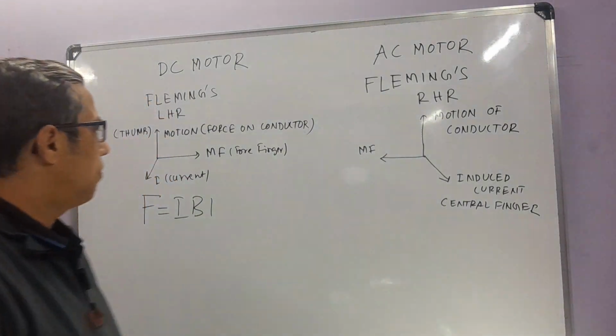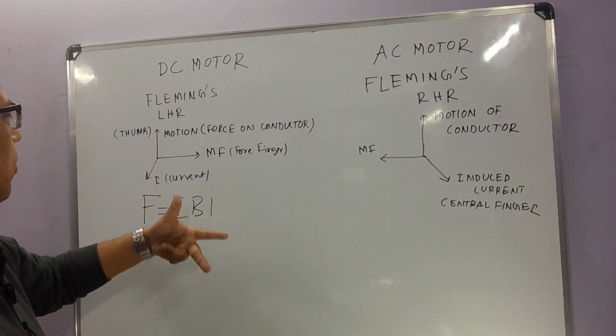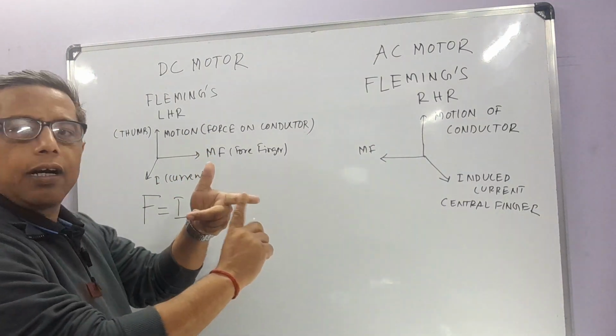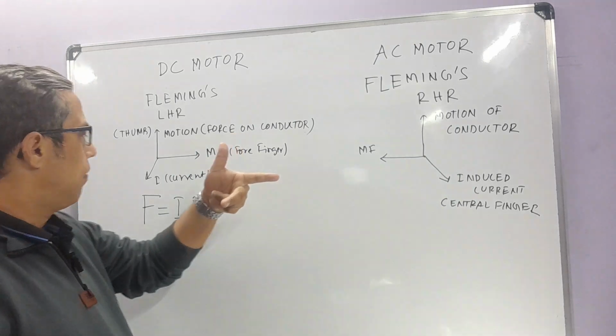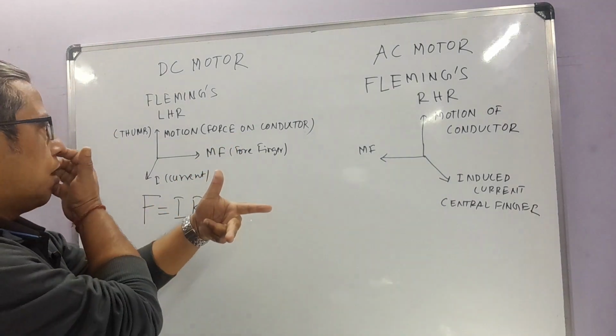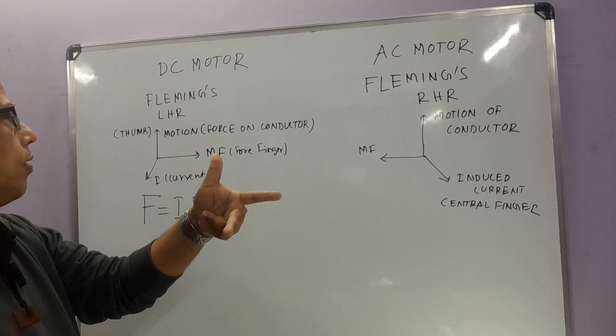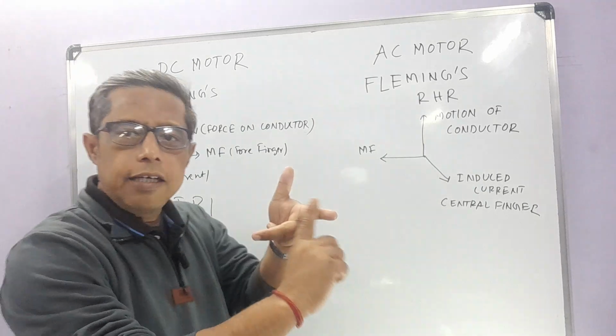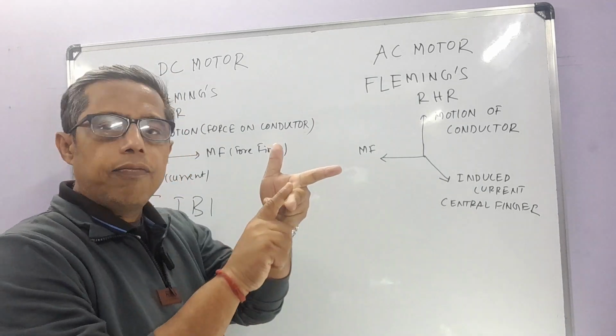Fleming's left hand rule says that if you take your hand like this, the forefinger is the direction of the magnetic field and the central finger is the direction of the current, then the thumb will be the force on the conductor. This is the existing magnetic field, this is the flow of current.